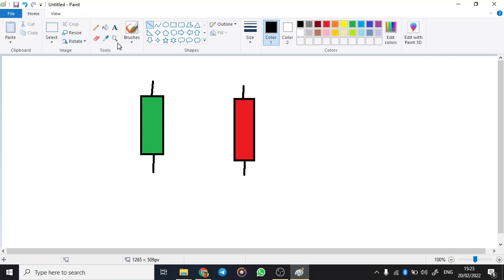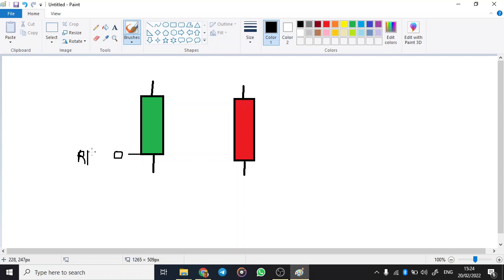Well, first of all, a candlestick opens down here. If we are talking about a candlestick that says that the market is going to go up, this level down here is where the candlestick opens at a certain price. So let's say this candlestick opens at 15 rand.